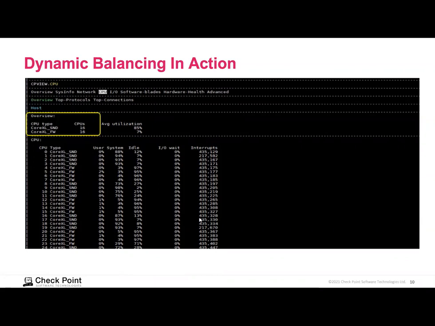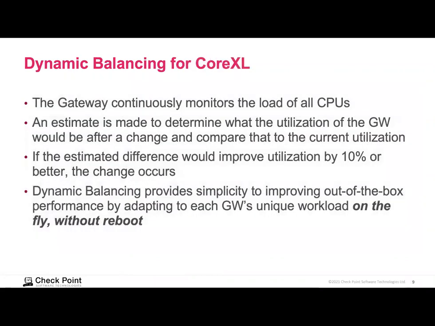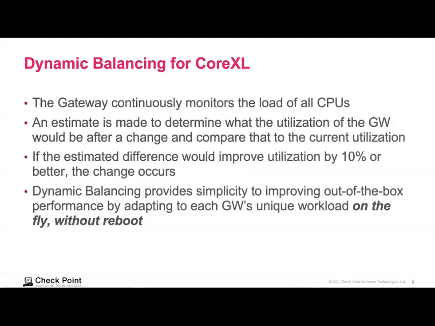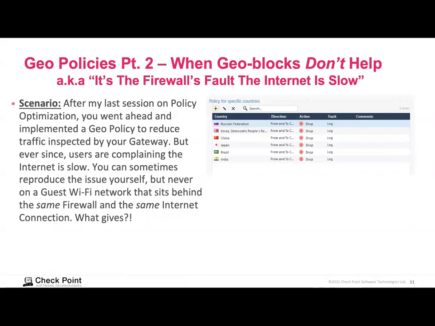If you're struggling with getting the right CoreXL balances, or just looking to get that a little refined, dynamic balancing might be the way to go. You can look at SK164155 for the full reference for dynamic balancing or dynamic split.